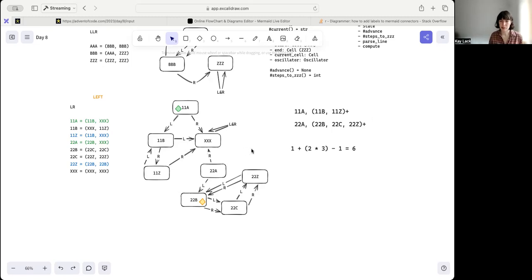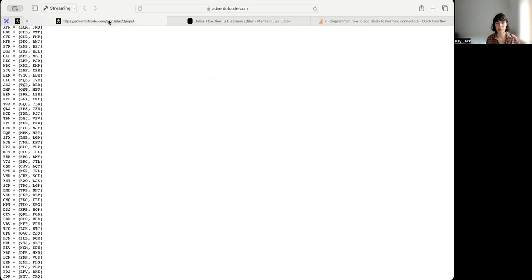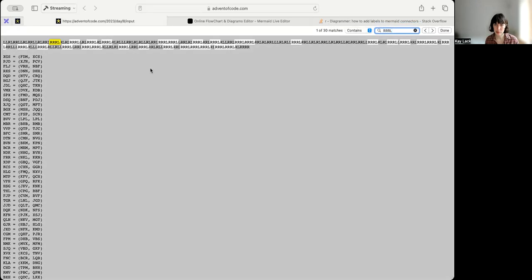Okay. But how predictable is this pattern? Does it have any repeats in it? Yes, quite a few.